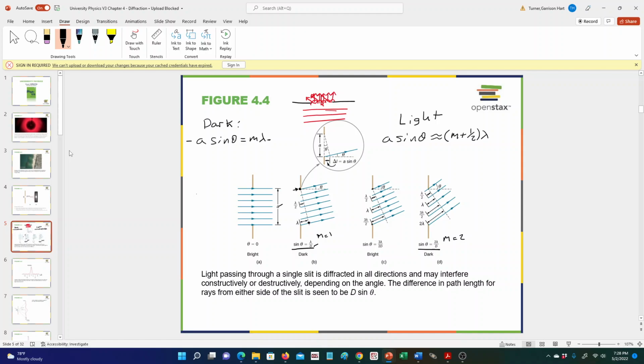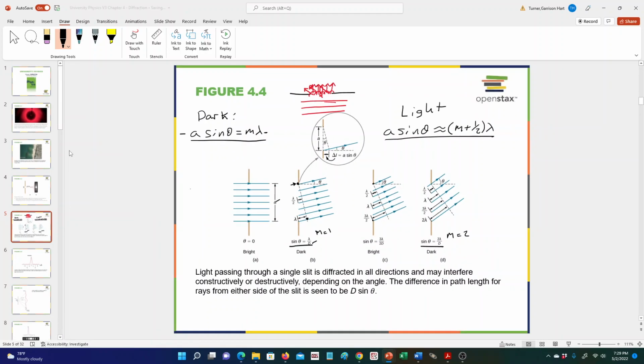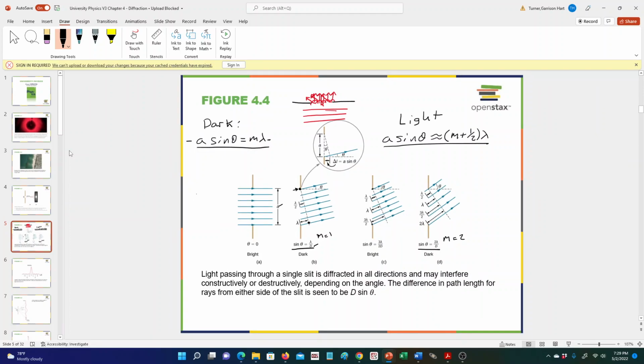And then a ray slightly below that, whose path length is different from the top ray by half of a wavelength, will constructively interfere with the 3/2 wavelength down here, and so here you get positive interference. For dark fringes, your formula will be A sine theta is equal to m lambda. For light fringes, your formula is approximately A sine theta is equal to (m plus 1/2) lambda, right?